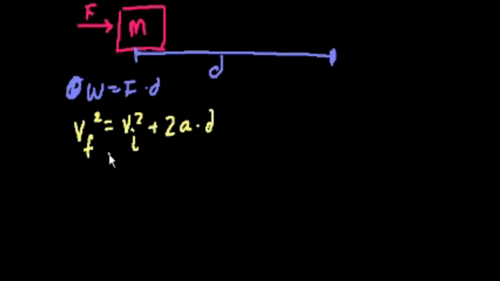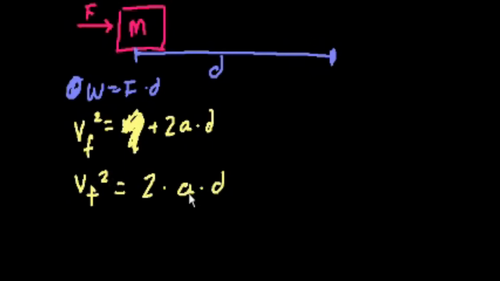And we proved this back then, so I won't redo it now. But in this situation, what's the initial velocity? Well, the initial velocity was 0, right? So the equation becomes vf squared is equal to 2 times the acceleration times the distance.